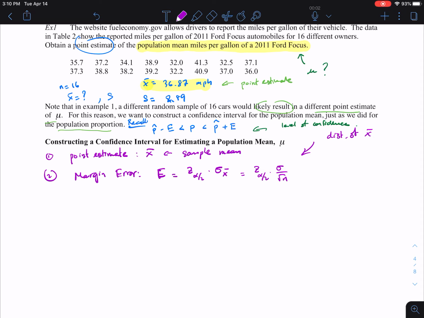And z alpha over 2 is the critical value. Another thing we discussed: the margin of error is the maximum error between our estimate x bar and the actual value mu.